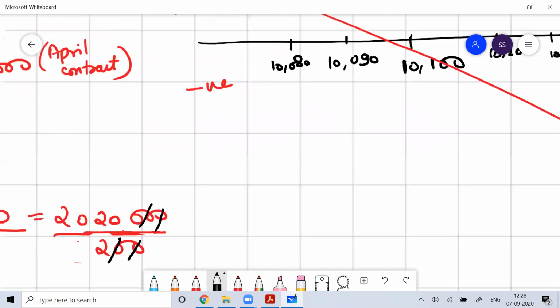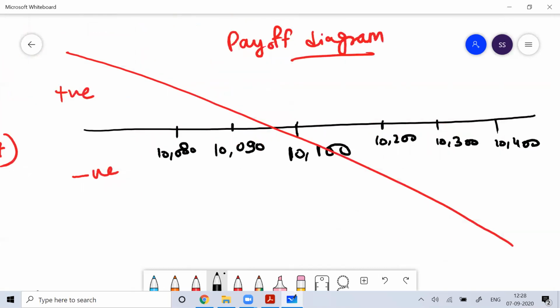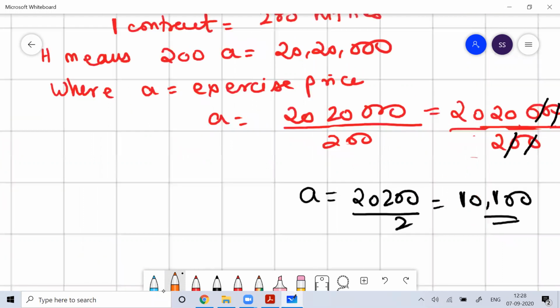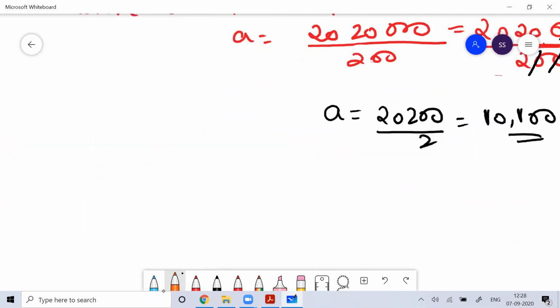So he believed that the Nifty will go below 10,100. But if Nifty goes above 10,100, then this person will get a loss. Are you getting it? So what is the loss?